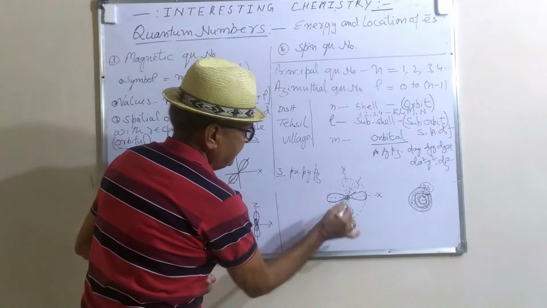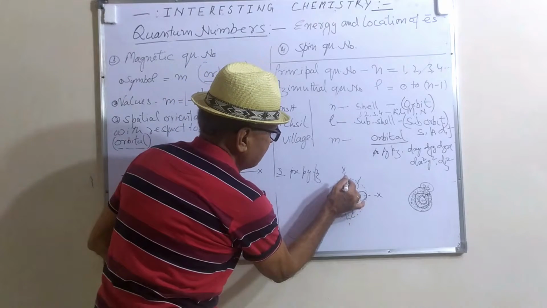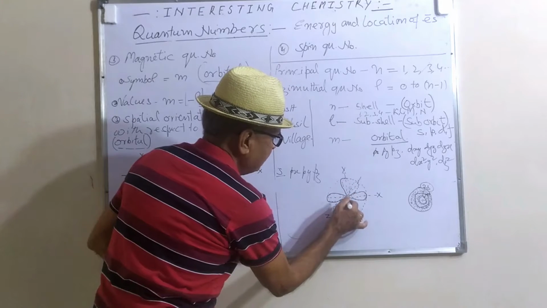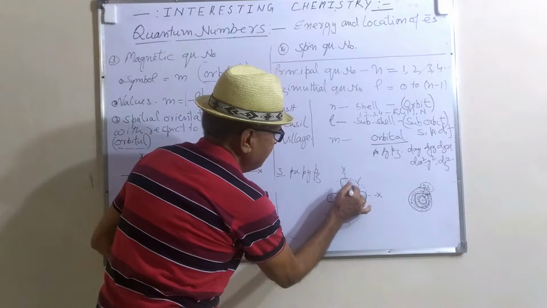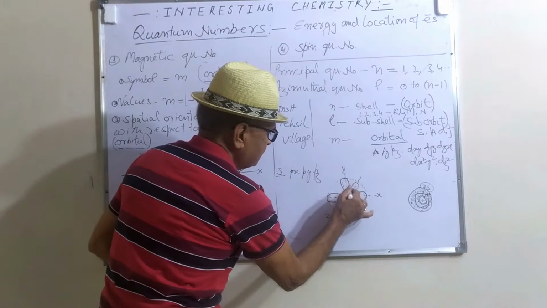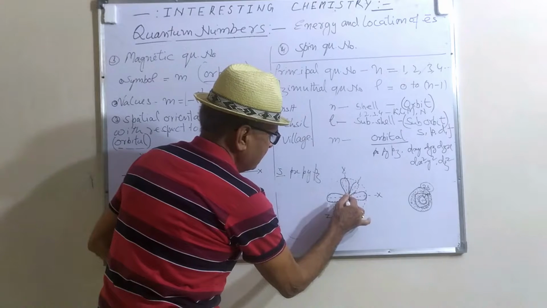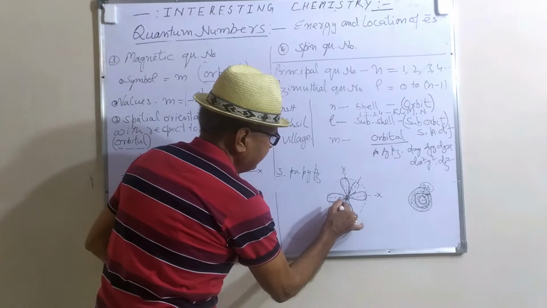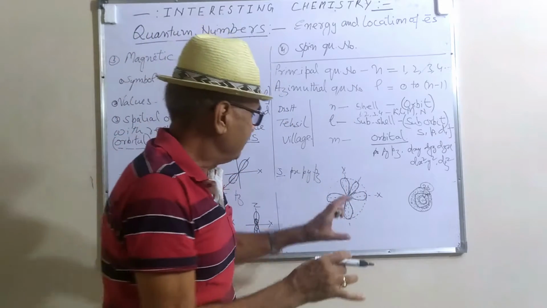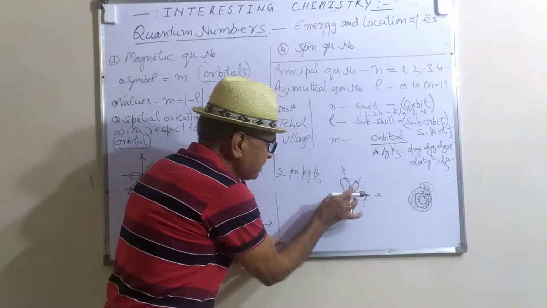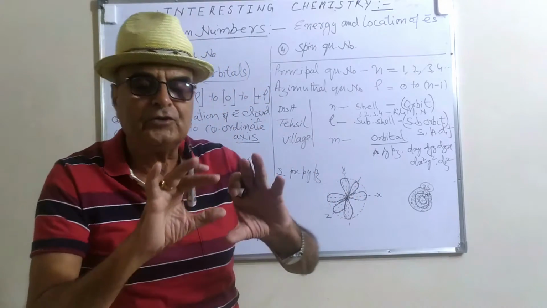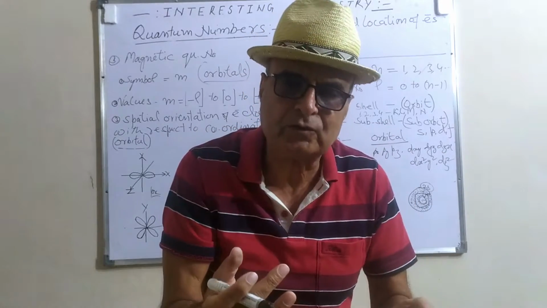In this way the electron comes here, and again this way. This is the way. Here the nucleus is in the central part. All the electrons revolve around the nucleus.